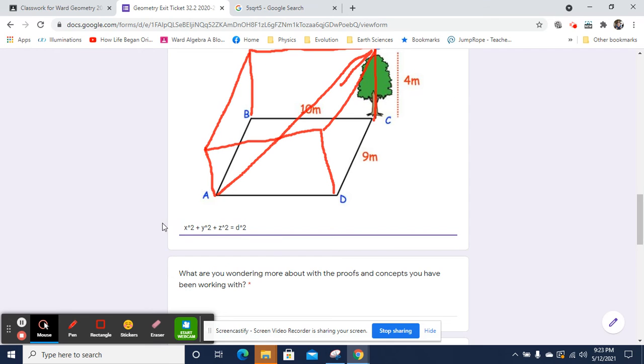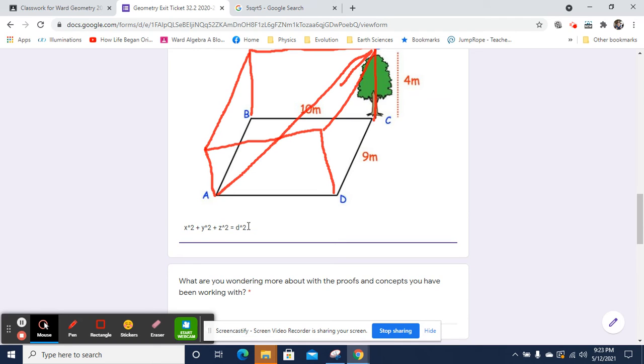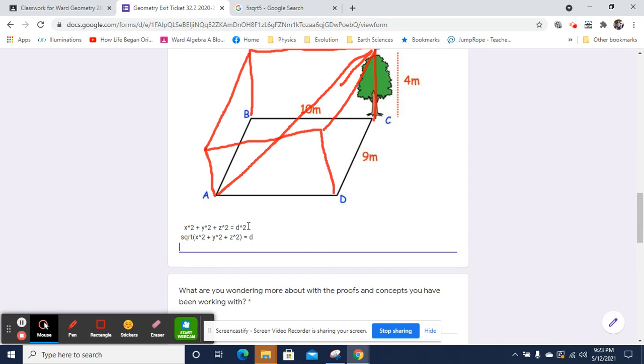So the square root of all of that would equal d. You can do it that way too, so I'm going to do it that way as well. I'm going to say the square root of all that. This is the shortcut, or the one-stop shopping approach. And so let's figure out what all that is.